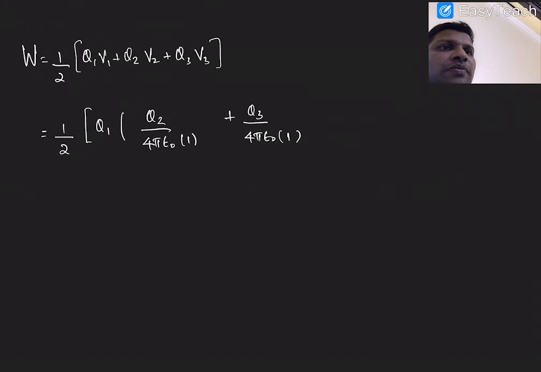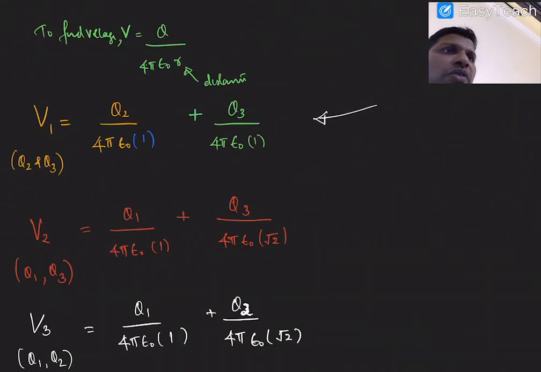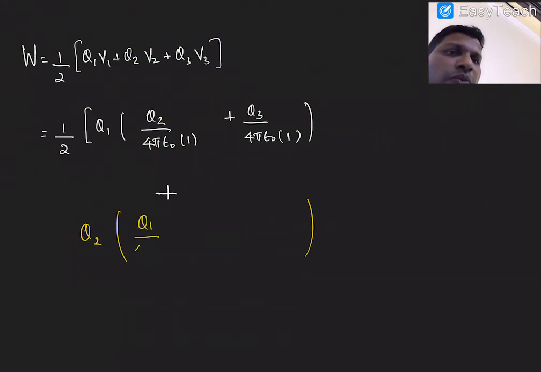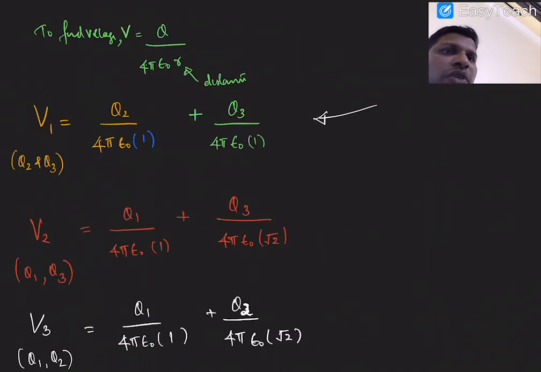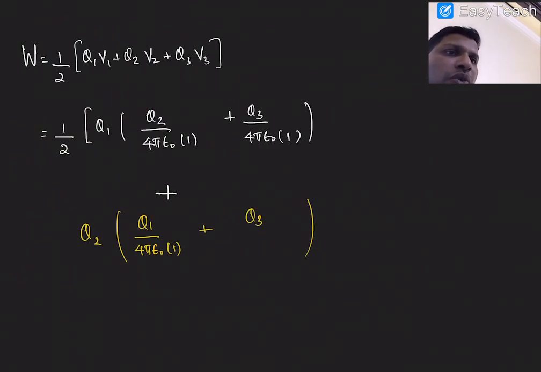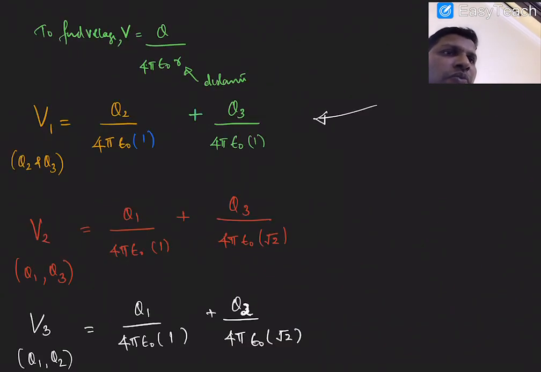Then plus the other one is Q2 multiplied with V2. V2 is Q1 by 4 pi epsilon 0 into 1 plus Q3 divided by 4 pi epsilon 0 into root 2.